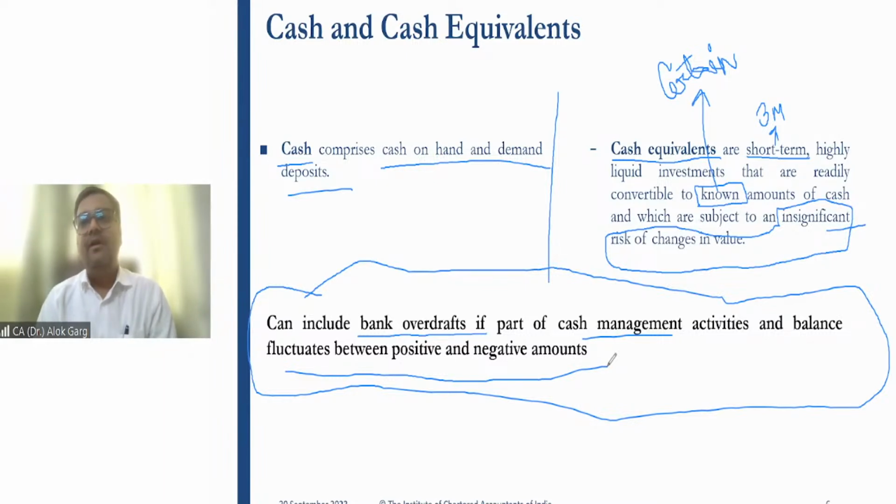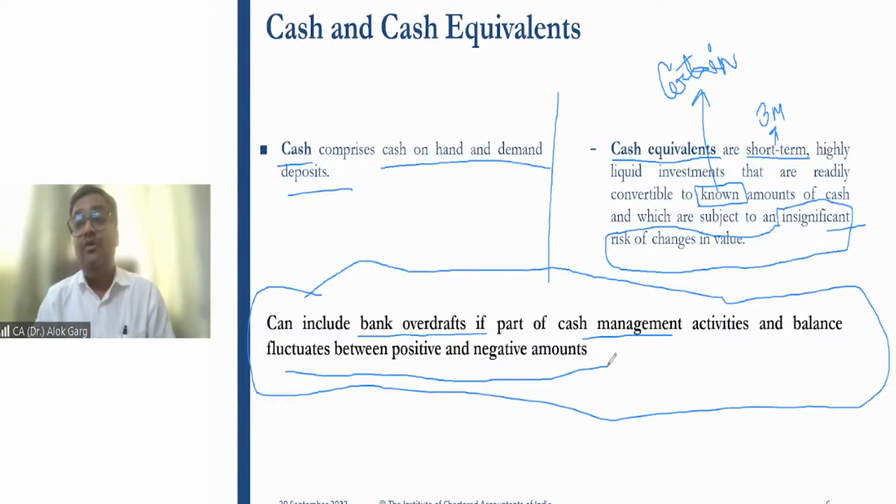For example, you have 1 lakh rupees in your bank account and you have issued a check of rupees 1,50,000, and the recipient of the check has deposited it in his bank account. You have only 1 lakh rupees, but still the check will be cleared from your bank account.